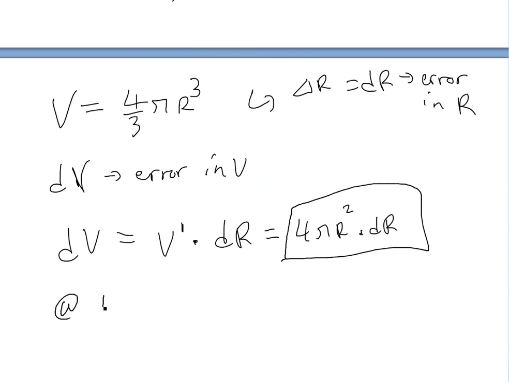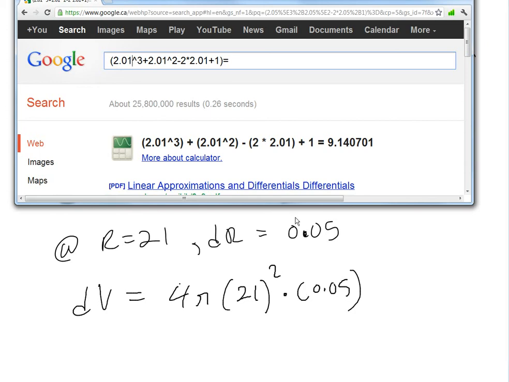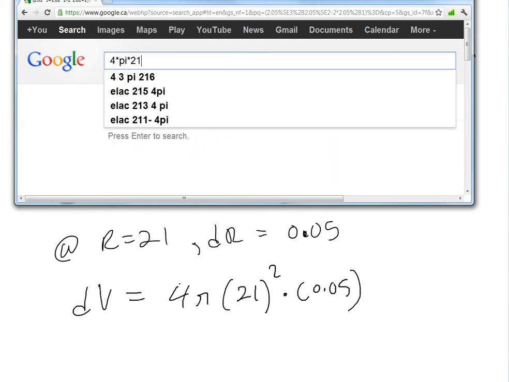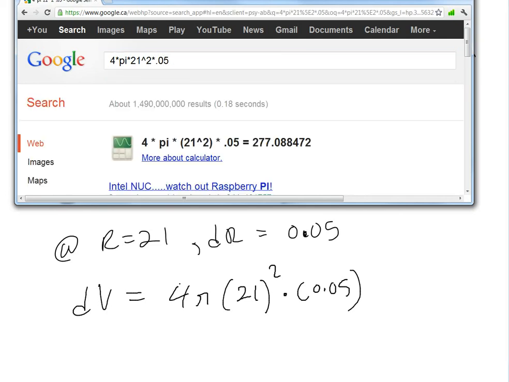So at r equal to 21 and dr, our error, equal to 0.05, we plug it in. We get dv, the change or error, is equal to 4 pi times 21 squared times 0.05. Plug this into the calculator.